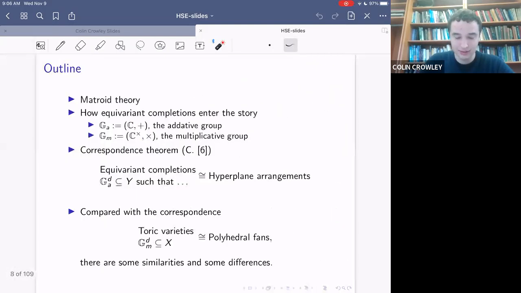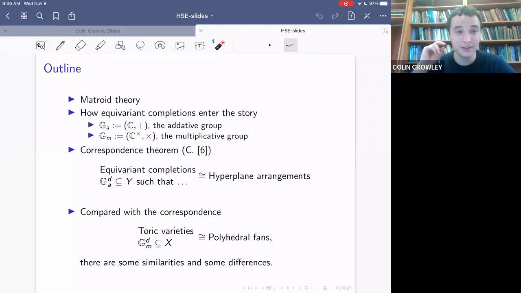And it's tempting to compare this to the correspondence between toric varieties, these are equivariant completions of the torus, G_m to the d, and polyhedral fans. There are some similarities and some differences between these two correspondences, and I'll compare them and explain what these similarities and differences are.